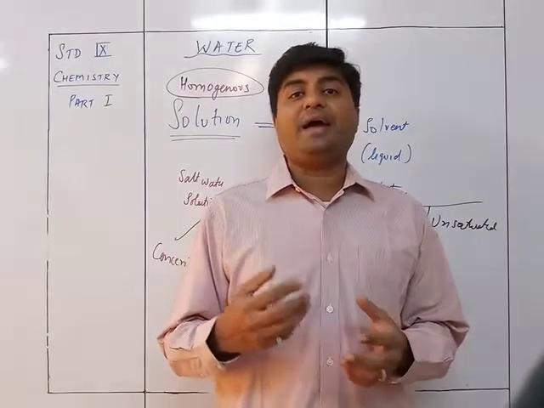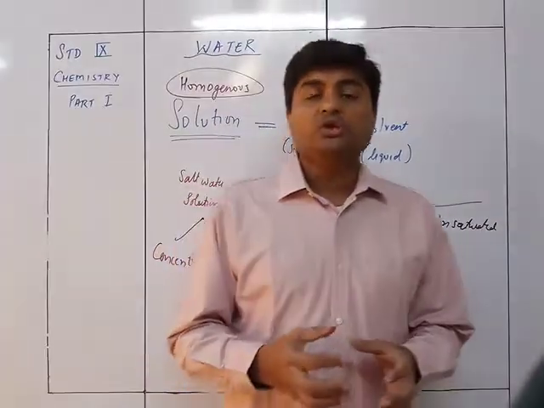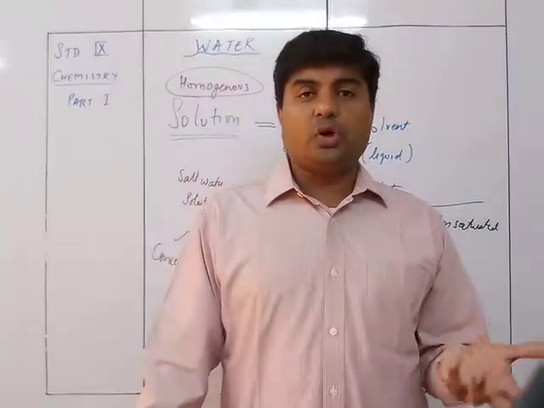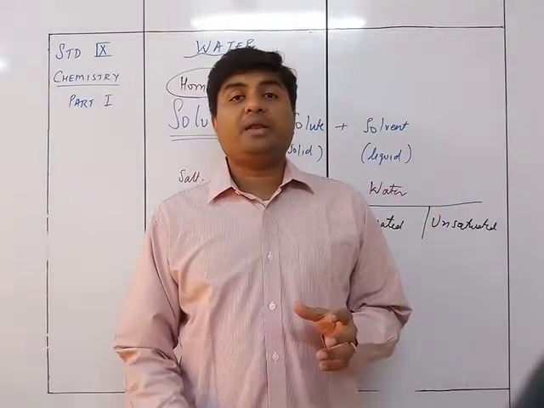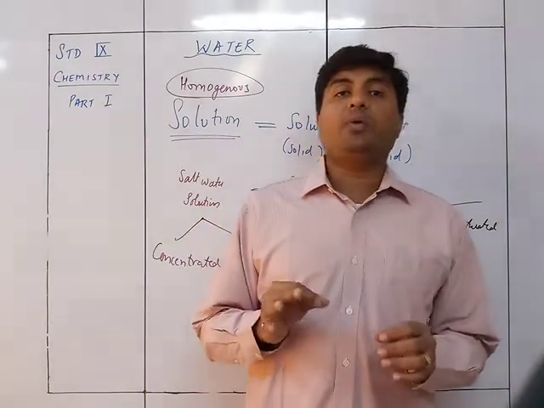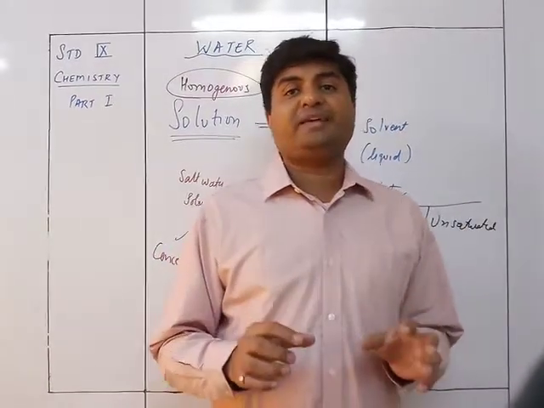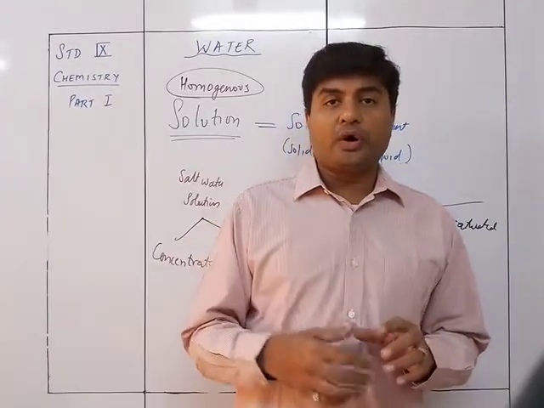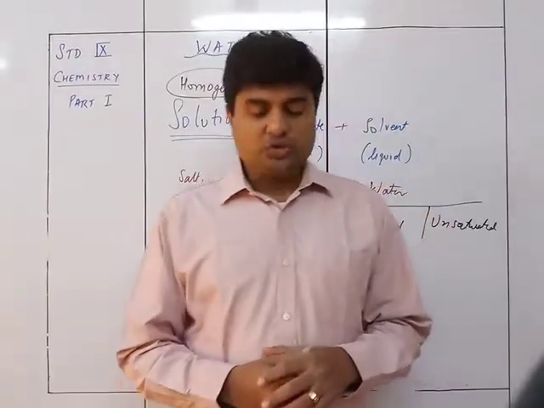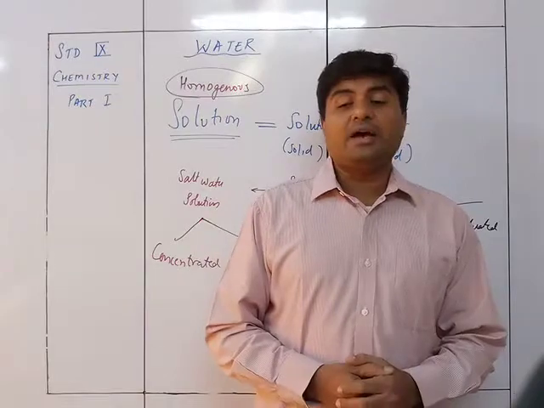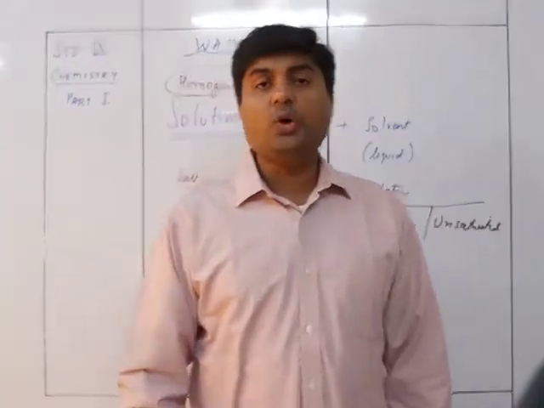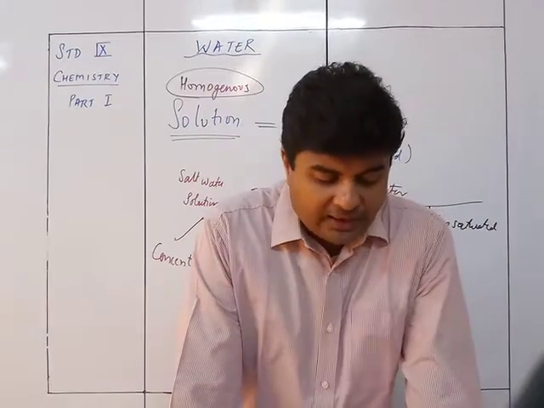So when I am heating a solution, the solvent will have more additional space available for taking more solute. This way we see that I can convert a saturated solution into an unsaturated solution by heating it.